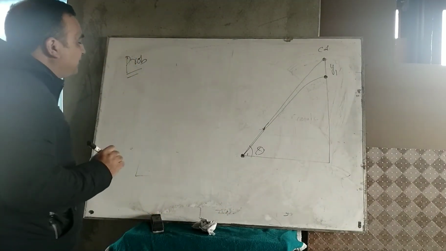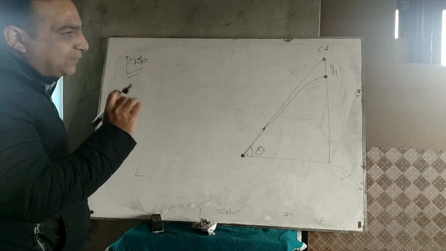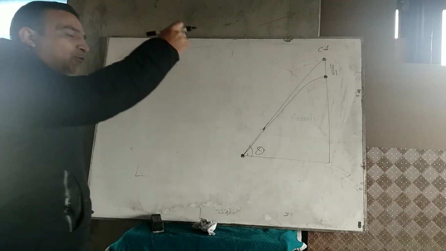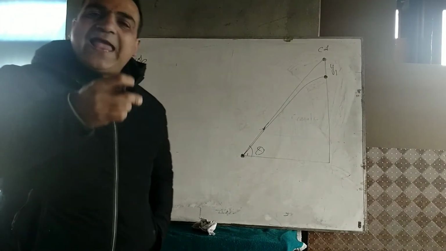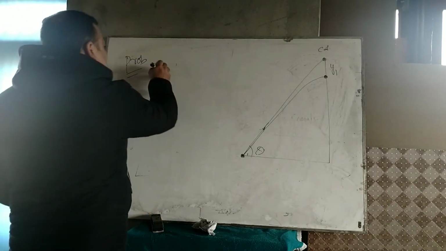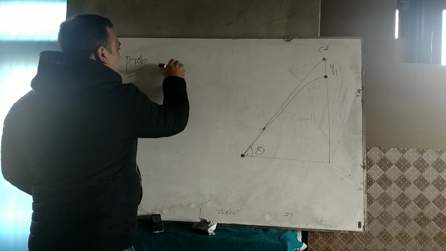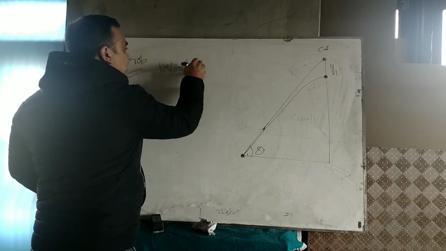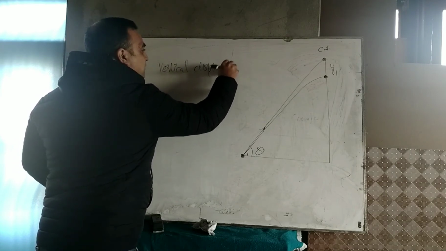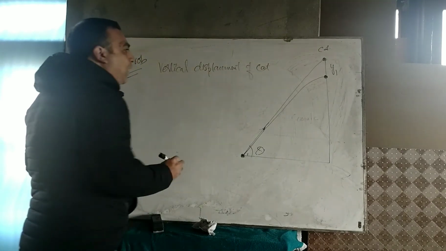The first thing I would like to calculate is for the time the ball has been shot from the ground, how much vertical distance this cat will have covered. So, what will be that vertical displacement of the cat during that fall?